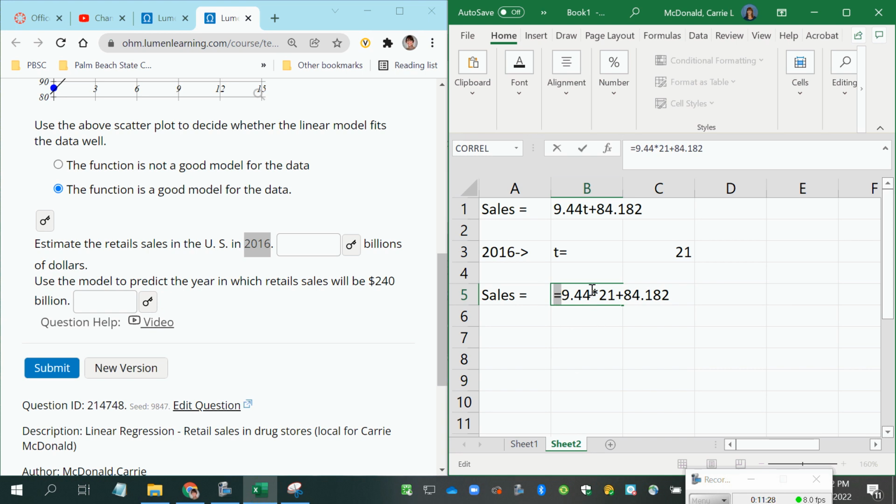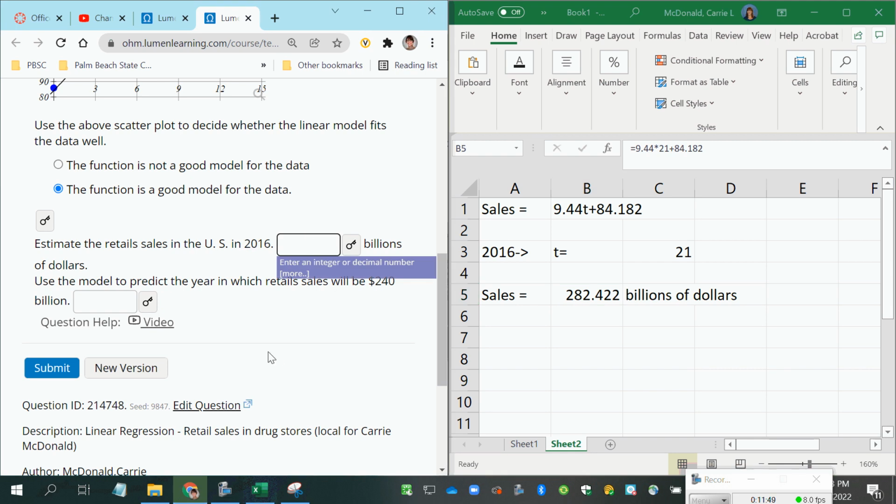Notice the asterisk is my multiplication symbol, and then I have, of course, the plus sign. And when I press enter, I'm going to get an answer, 282 billions of dollars in sales is what my model is estimating would have been the amount of sales for 2016. So in billions of dollars, I'm going to put 282 there.